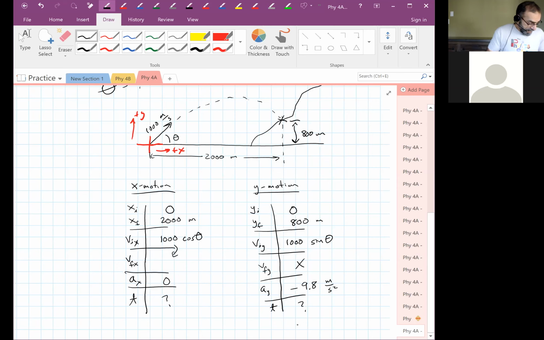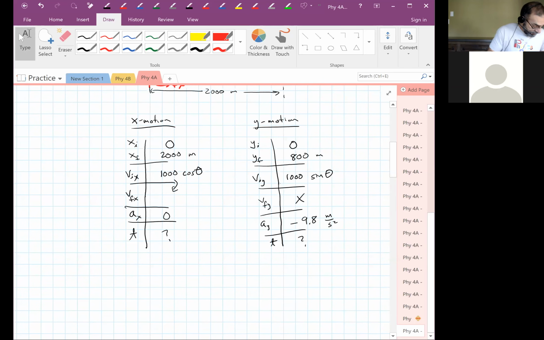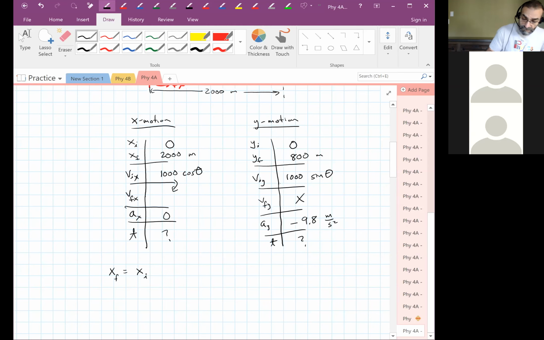Okay, so in my x direction, I pick an equation that's missing V final, and I get this one. There's no acceleration in the x direction.